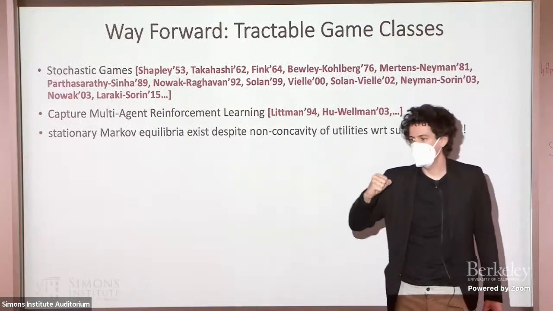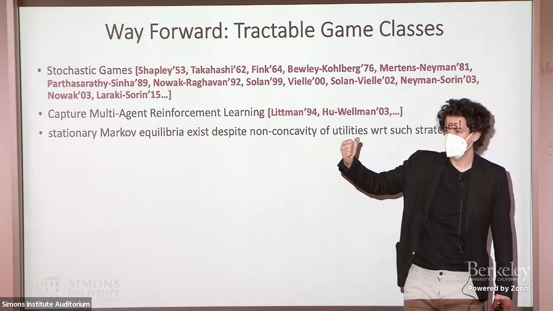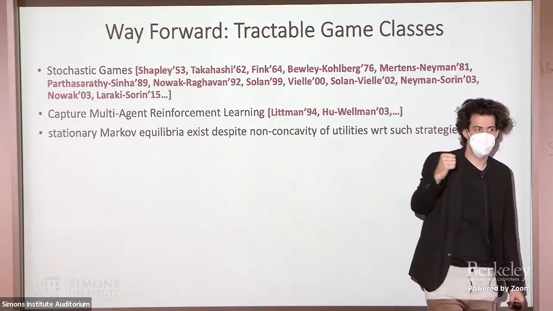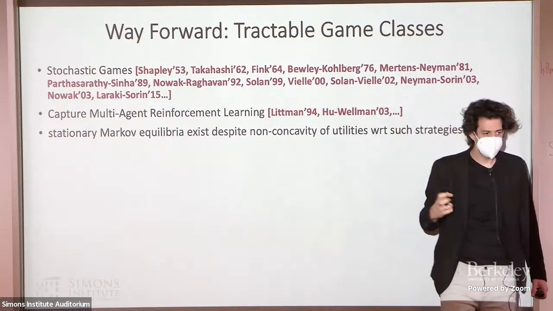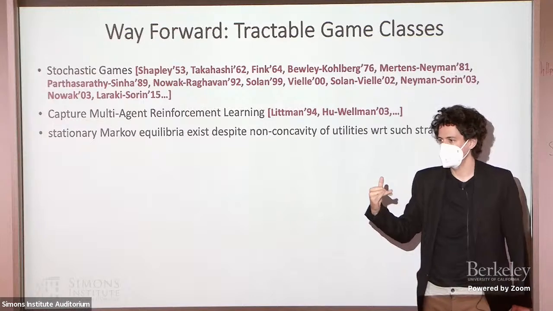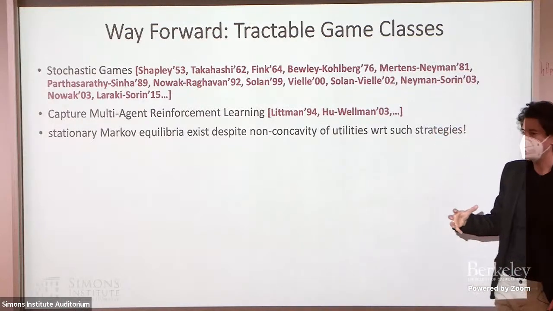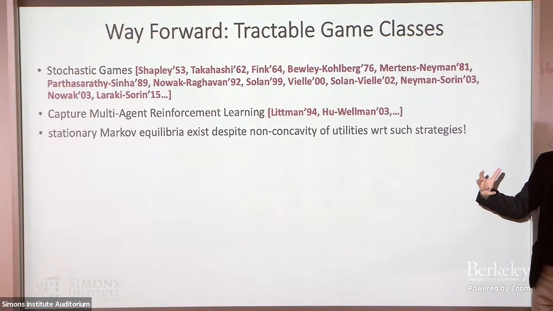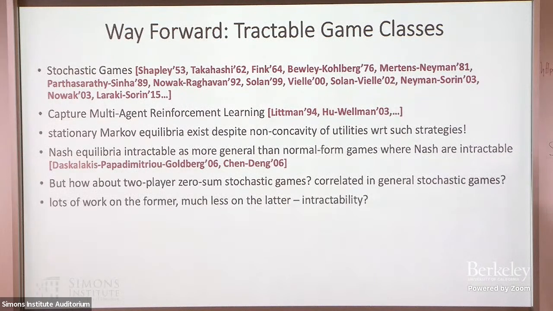So it's a non-concave game with respect to the stationary Markov strategies. Nevertheless, global equilibria exist with respect to the stationary Markov strategies. So there's a lot of structure in this setting, despite the fact that it's non-concave. And I think it's an interesting place where progress should be made. I'm going to talk about that in a little bit.